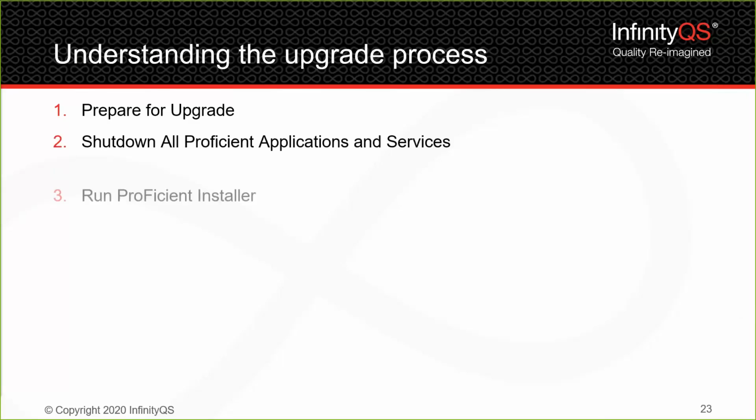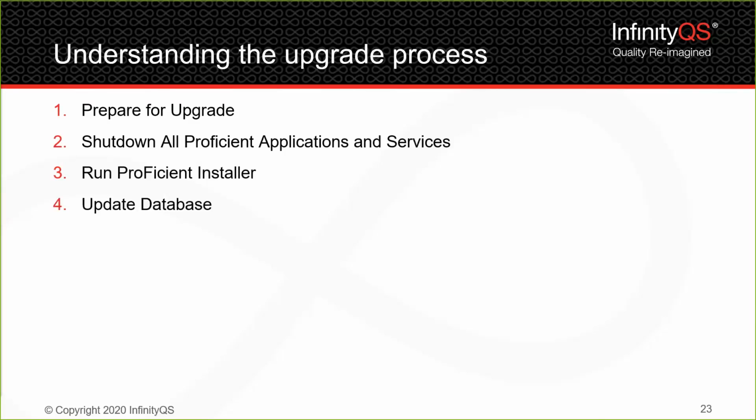Next thing is going to be to run the Proficient installer. The Proficient installer is what's going to actually do the update for the application. Then after that, we're going to update the database. As I mentioned before, we have to update the database because the new Proficient application has some new functionality. So by default, it has to have new tables, new fields, all that. So make sure that you keep that in mind as well.